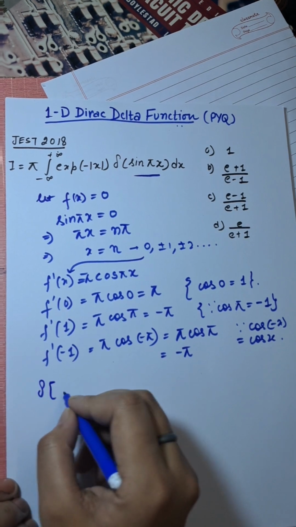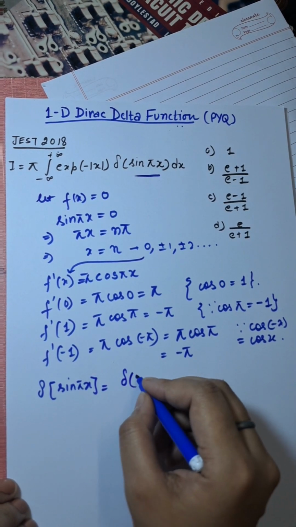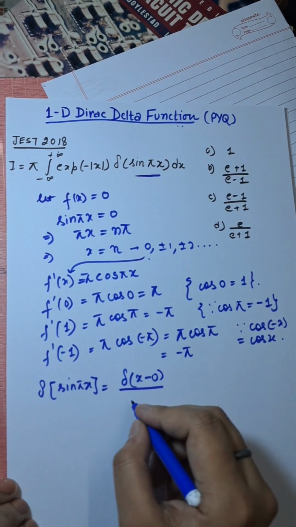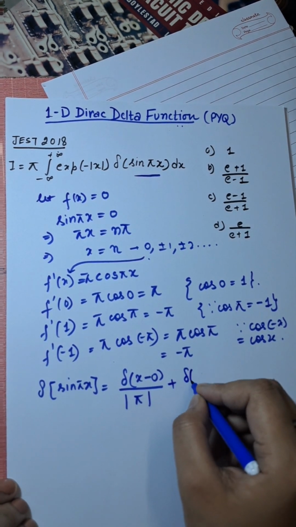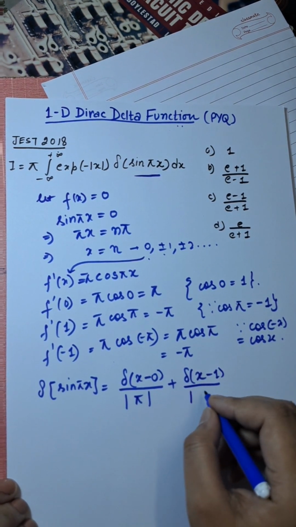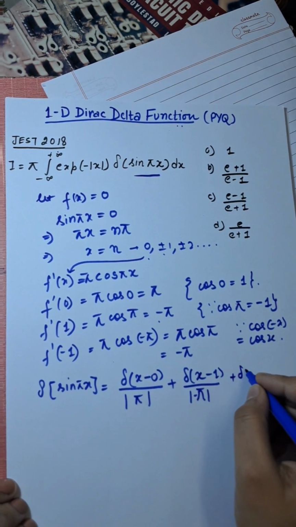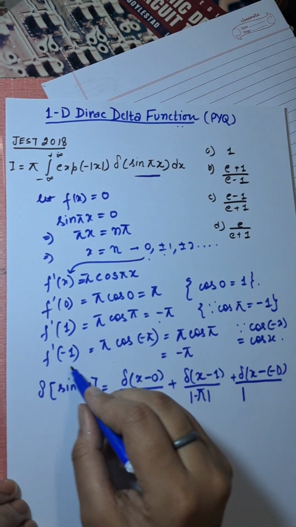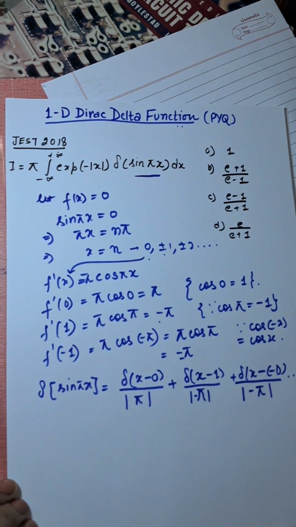Now we can write this delta function as delta(x minus 0) upon |f'(0)| plus delta(x minus 1) upon |minus pi|, plus delta(x plus 1) upon |minus pi|, and so on.